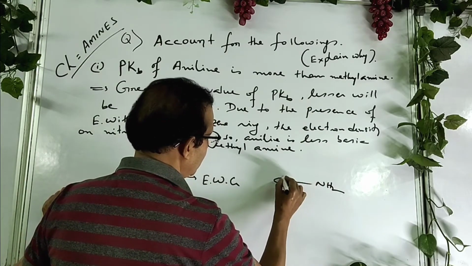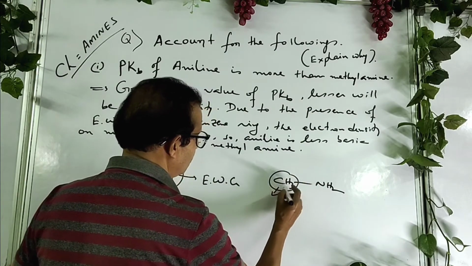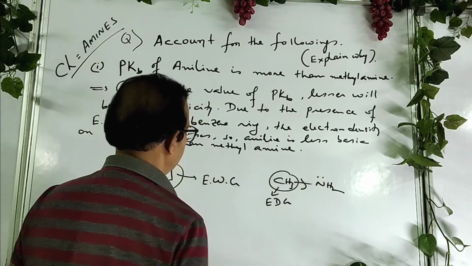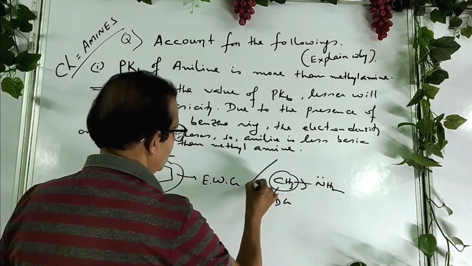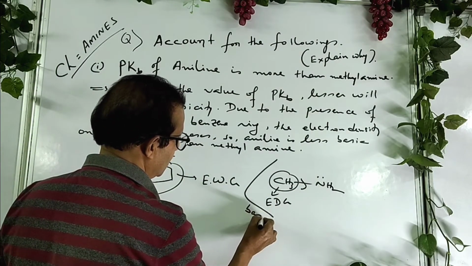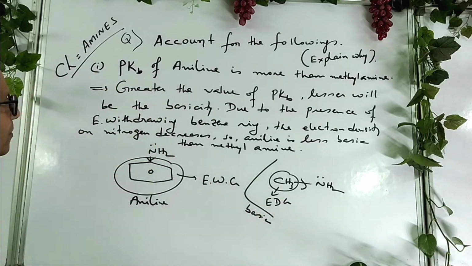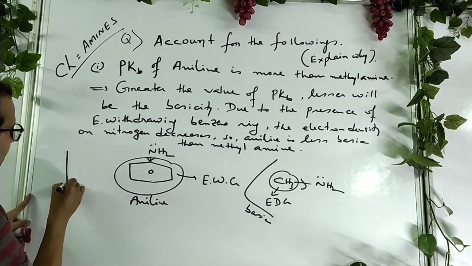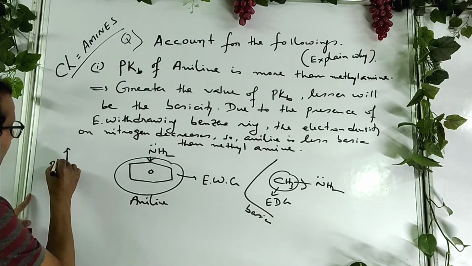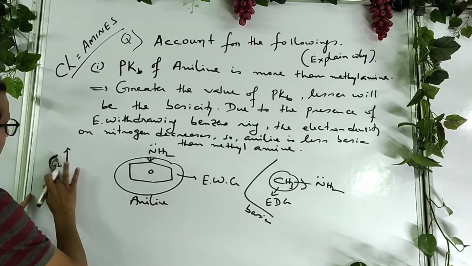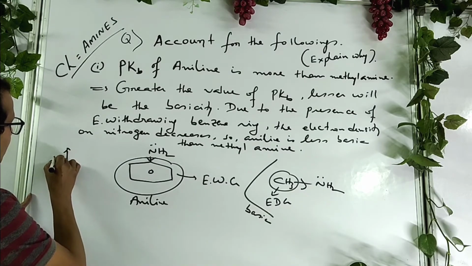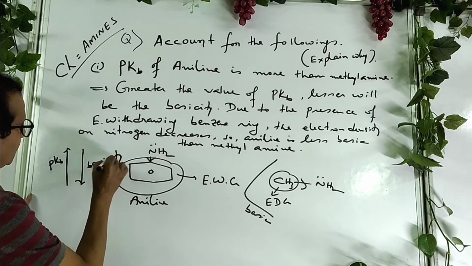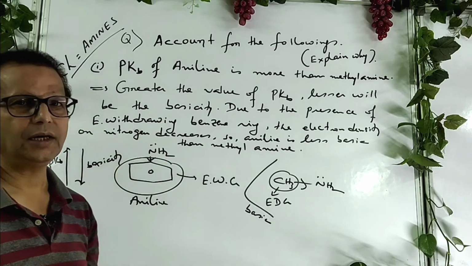You know that any alkyl group, that is methyl group, ethyl group, is an electron donating group which increases the electron density. So aniline is less basic, and remember it, greater the value of pKb, lesser will be the basicity. That's the technique. I think you understand it.